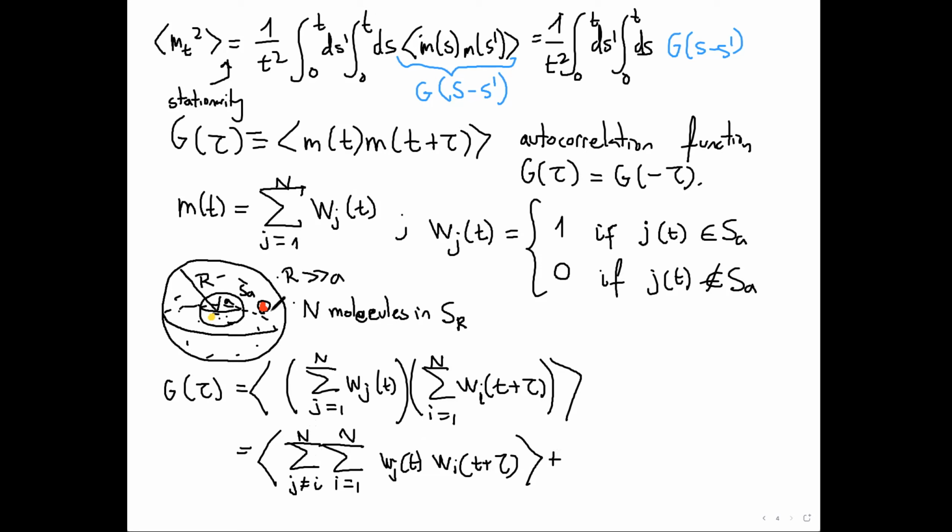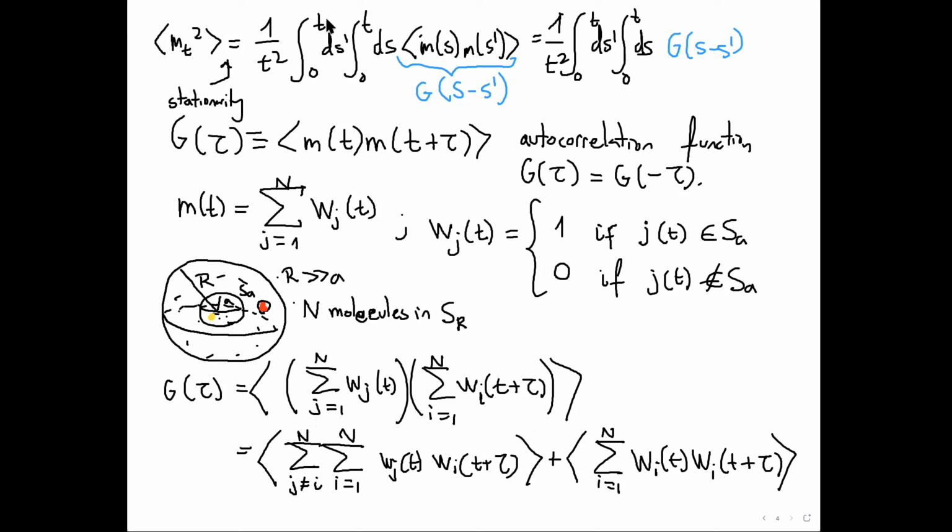The second term will be the first with the first, the second with the second, the third with the third. So this will be just the sum i equal 1 to n, so you're summing over the same, Wi(t) with Wi(t plus tau). Okay? This is like self-interaction, and these are cross-interactions. Do you follow me with this?